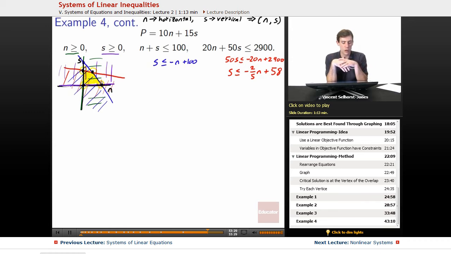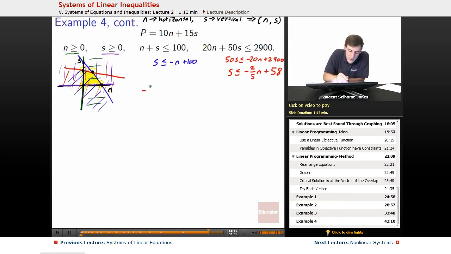We've got an origin corner. Is it possible to make any money if we plug that into P equals 0, with 0 for N and 0 for S, if we buy no cars to sell? No, we can't make any money. So we only have 3 things to care about: where red intersects green, where red intersects blue, and where blue intersects purple. Let's look at red intersects green first.